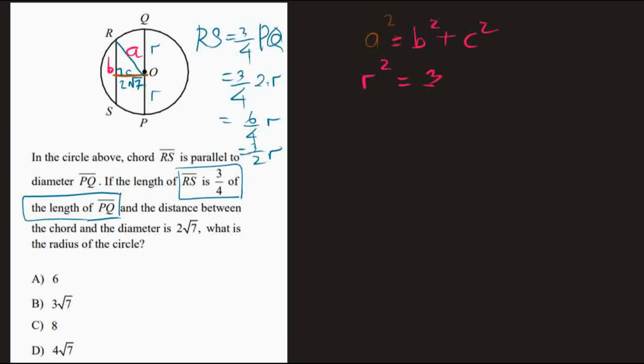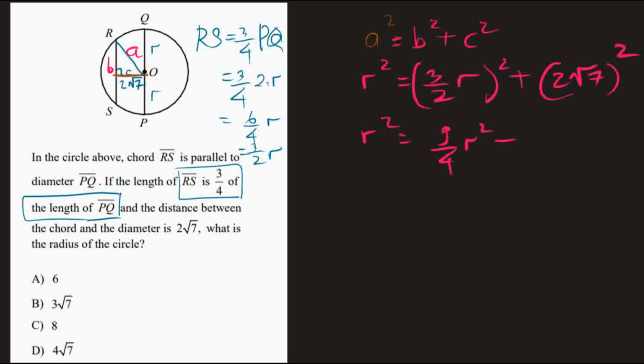RS is 3/2R, square, plus the C is 2 square root of 7, square. Now we have R square equals 3/2 is 9/4, 4 times 7. R square minus 9/4 R square equals 28. Now 1 is equal to 4/4, but we have to equalize the denominator.